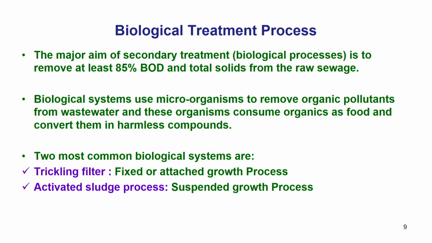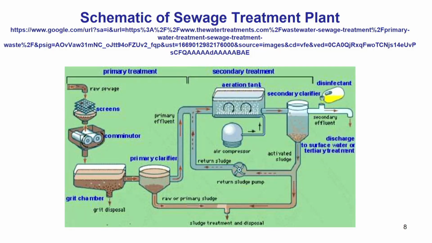The major aim of the secondary treatment is to remove at least 85% of biochemical oxygen demand and total solids from the raw sewage. Typically, in the primary clarifier we can have a significant amount of suspended solids removal, maybe 50-70%, and BOD removal also happens, around 30-35%.